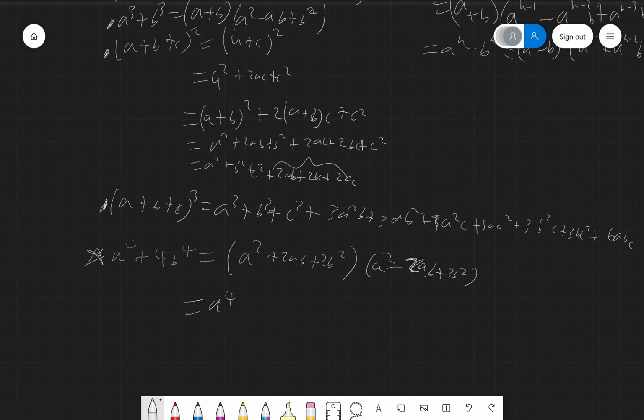If we distribute it, we get a to the fourth minus 2a cubed b plus 2a squared b squared plus 2a cubed b minus 4a squared b squared plus 4ab cubed plus 2a squared b squared minus 4ab cubed plus 4b to the fourth. Wait, how did I get that?